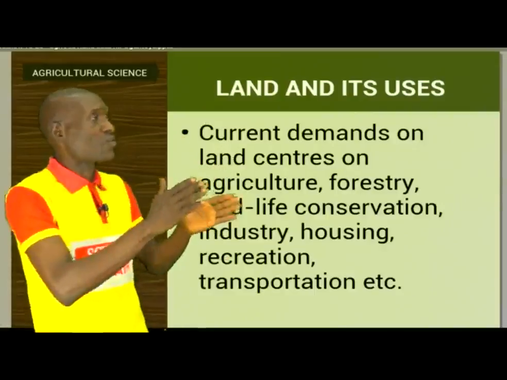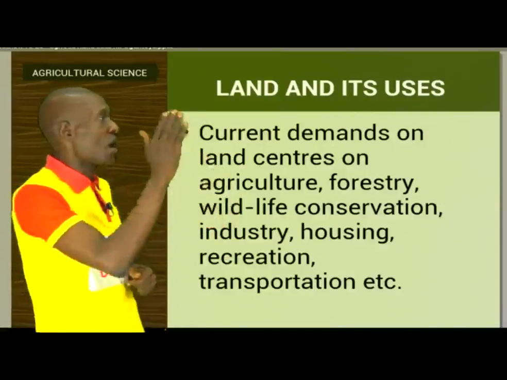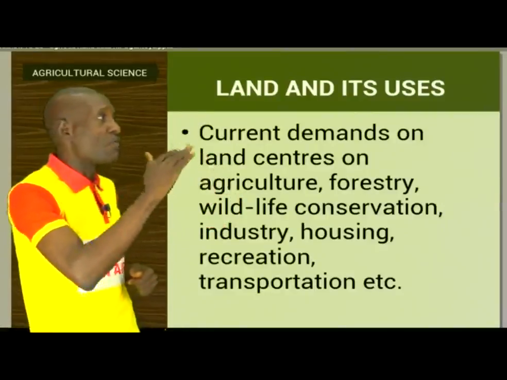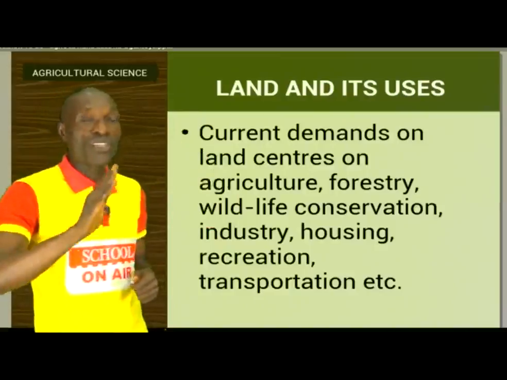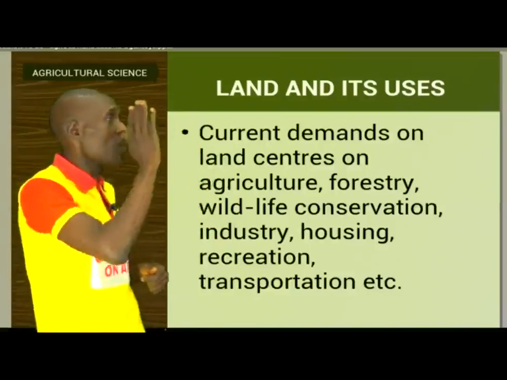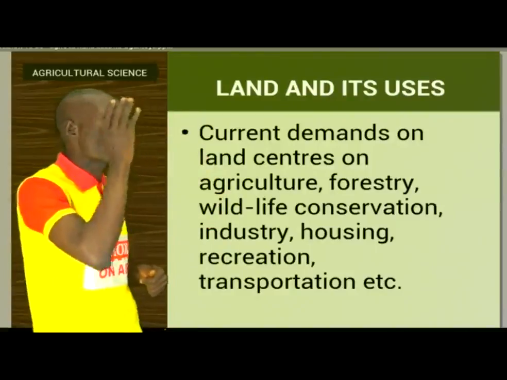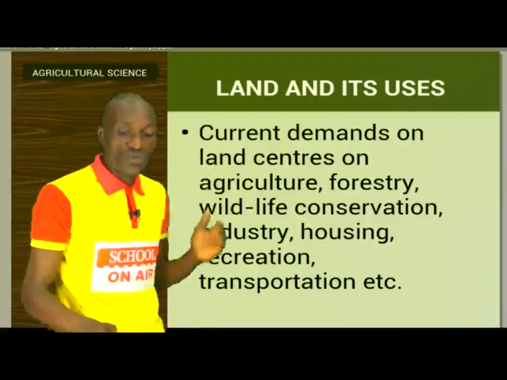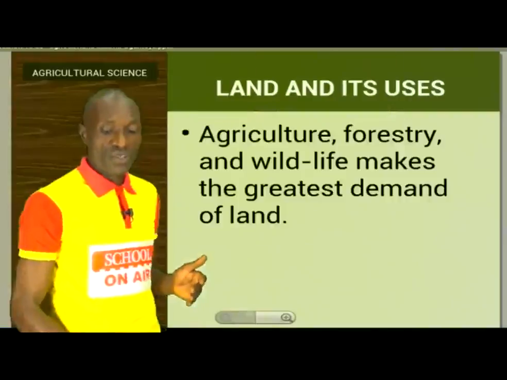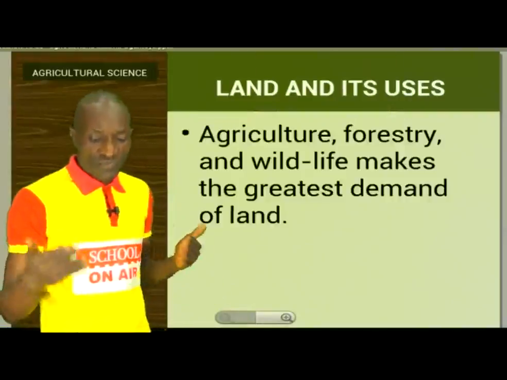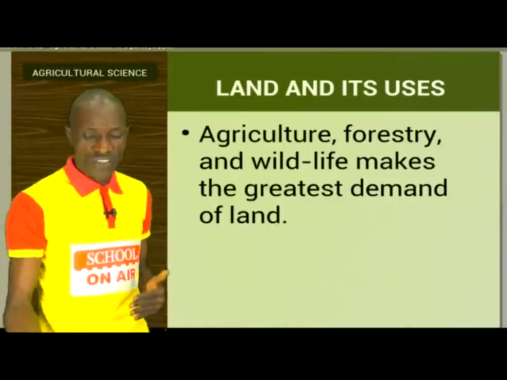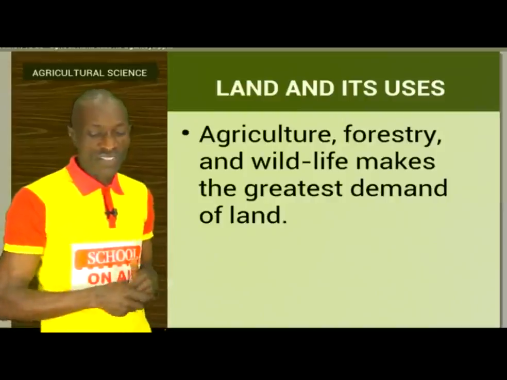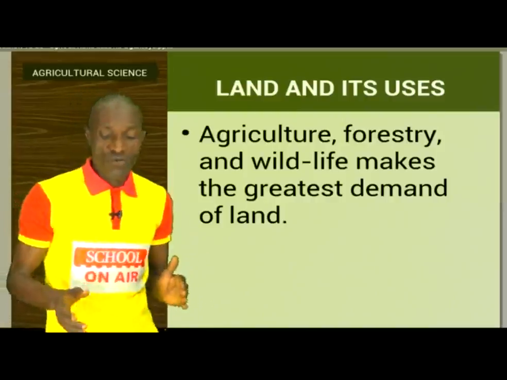Another one is forestry. You can have forestry, you can have wildlife conservation in the form of maybe having game reserves. Then you have the land being used for industries, housing, recreation, transportation, etc. Now, agriculture, forestry, and wildlife make the greatest demand of land.